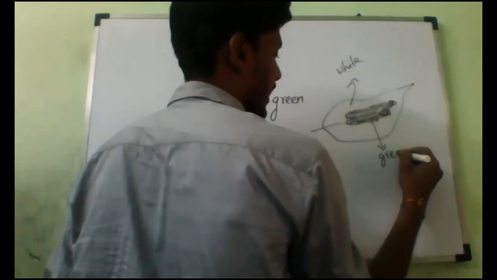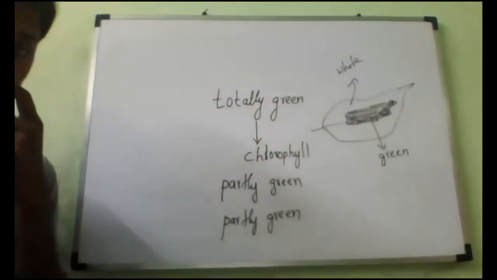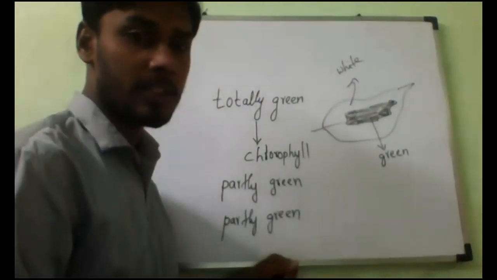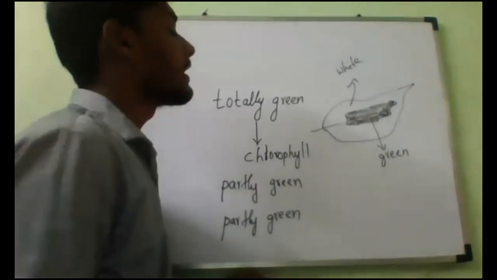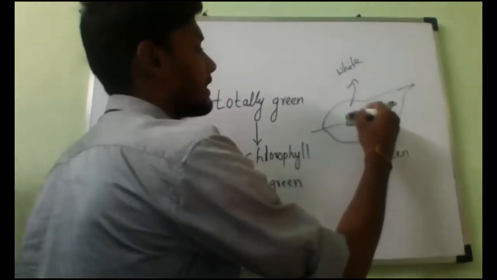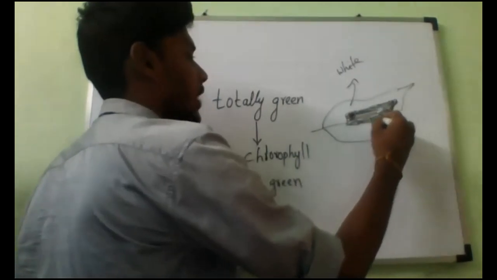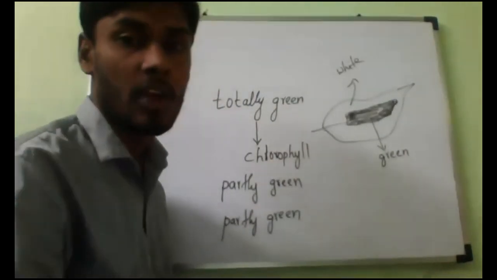So where is the chlorophyll present? Green chlorophyll is present only at the green part, and the white part does not contain any kind of chlorophyll.